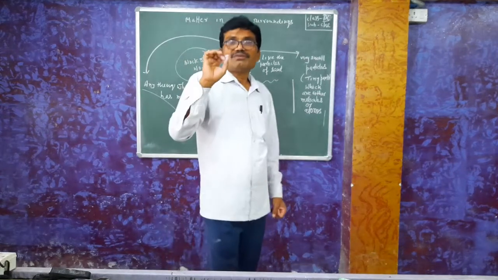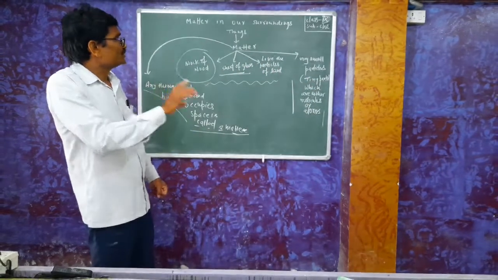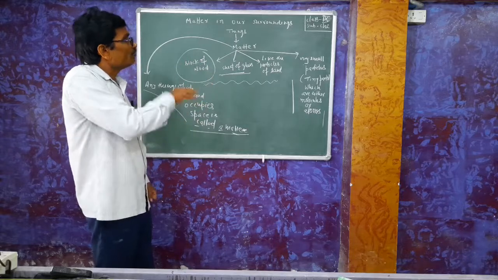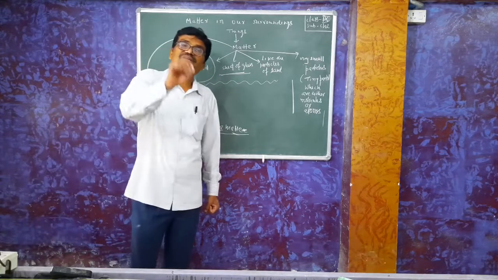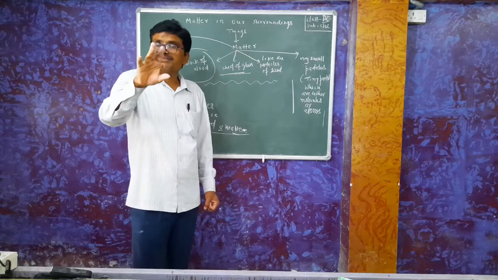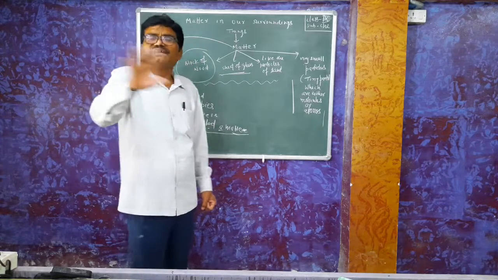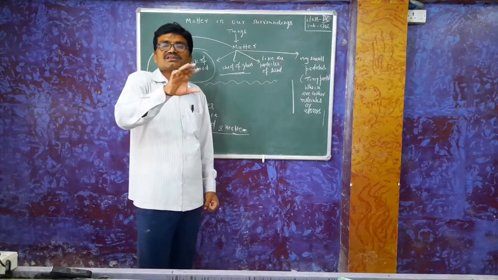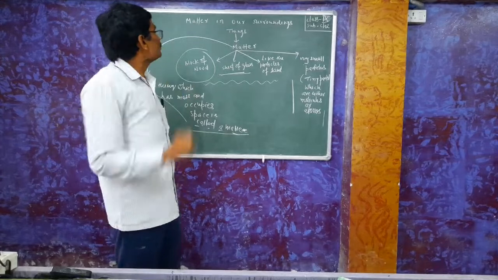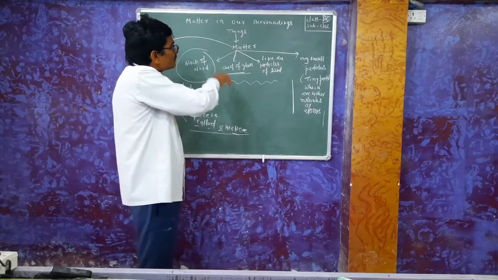So now we want to conclude: the particles of matter are continuously moving, but different particles of different matters move in different ways. Now we want to stop this topic because after this we have to discuss the next topic.